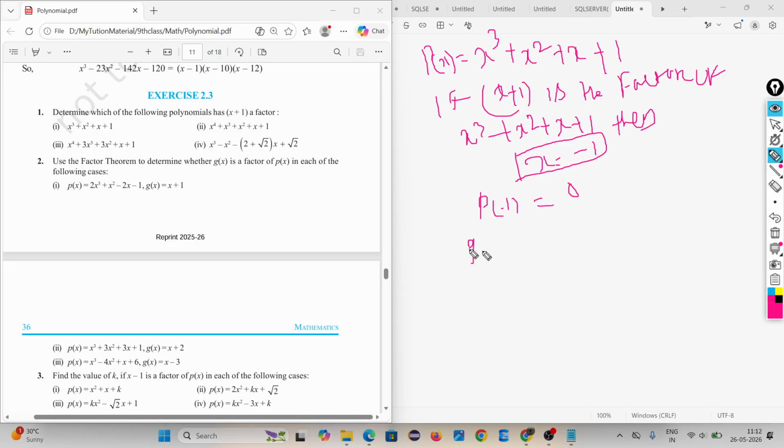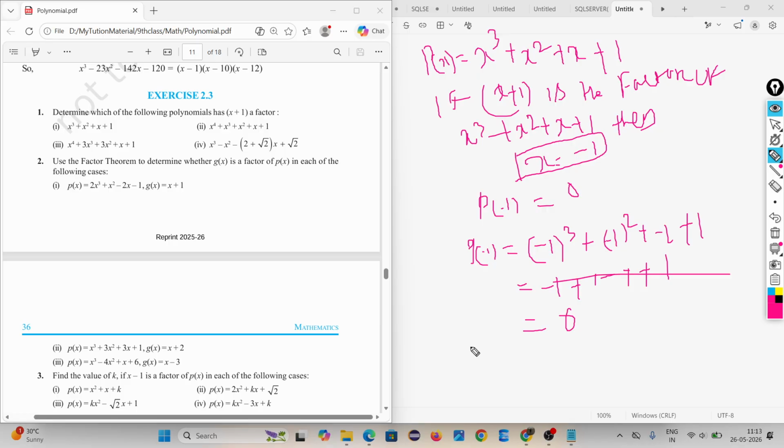Then put p of minus 1 equals minus 1 cube plus minus 1 square plus minus 1 plus 1. So look, it cancels and you will get 0.